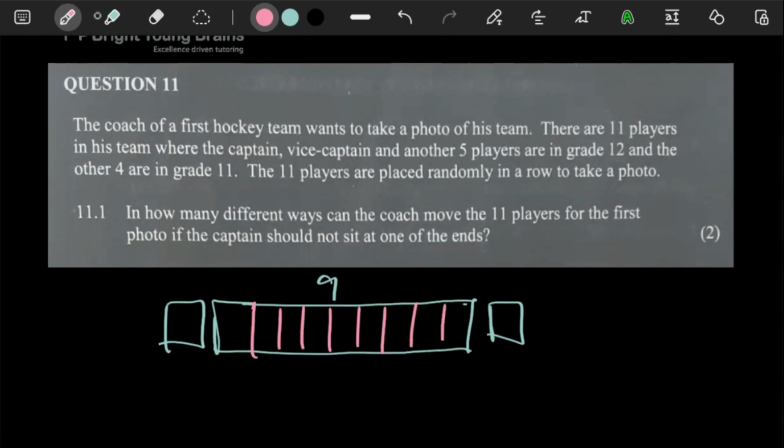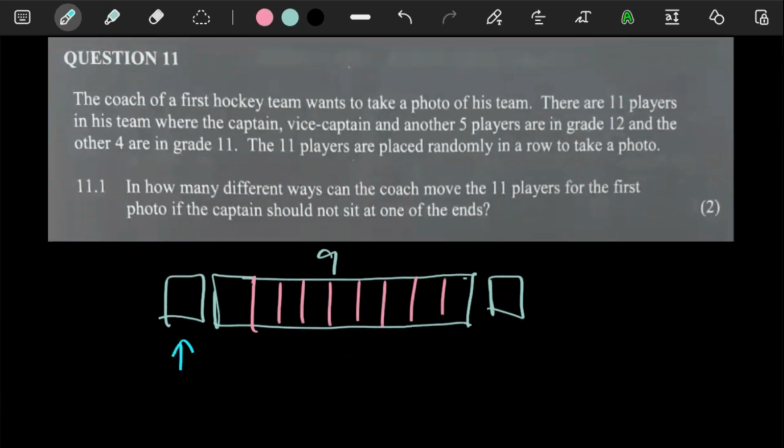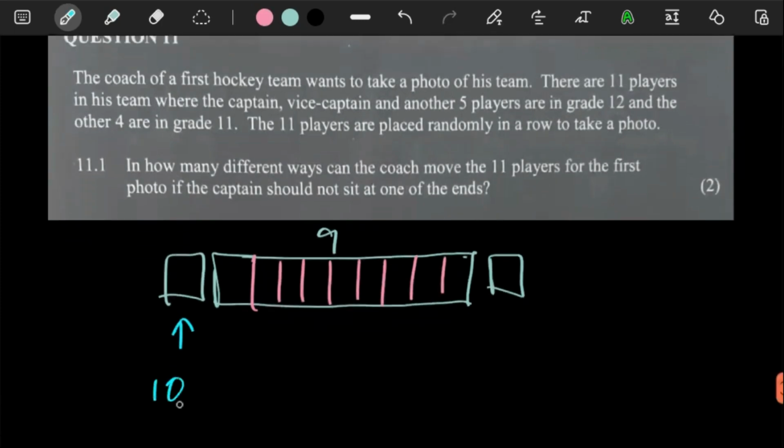When people are being seated, the number of people that can possibly sit here is 1 out of 10 people, right? The moment one person sits here, you have to think about the number of people that can sit here. Remember we said only 1 out of 10 people can sit because the captain cannot. So in this position also, once one person is set here we have to put a person.